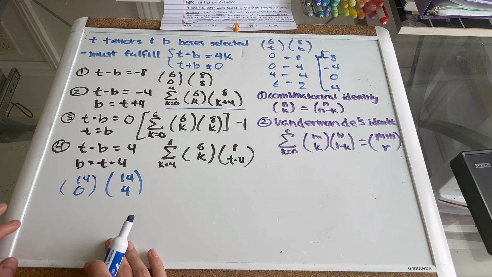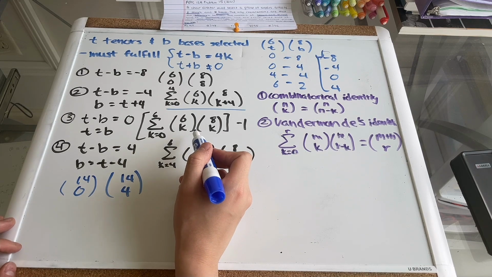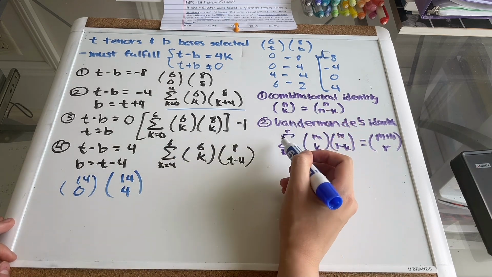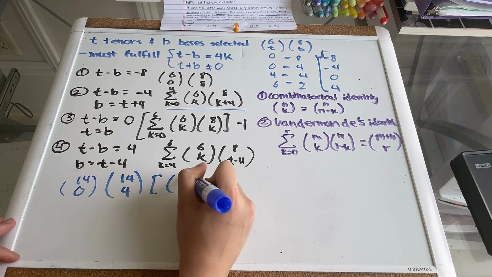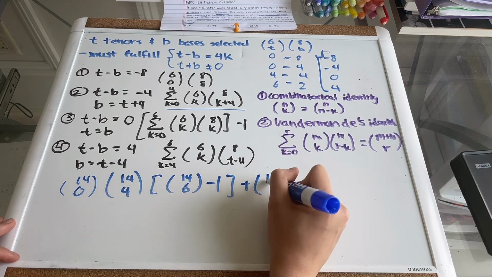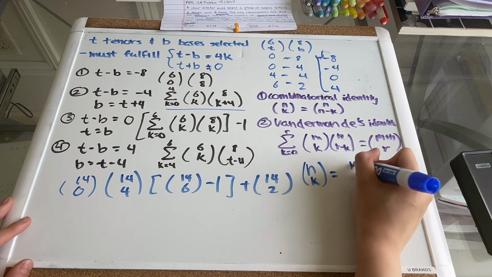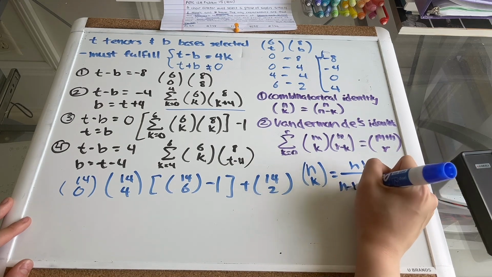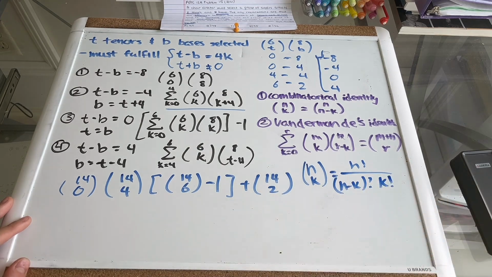Now the next step is the exact same, and so when we are doing this, we're going to use these two identities, and then it is going to simplify to 14 choose 6 minus 1 plus 14 choose 2. And n choose k is equal to n factorial over n minus k factorial times k factorial.